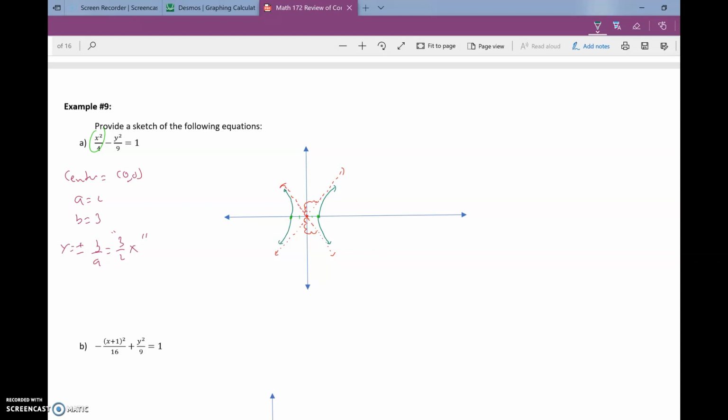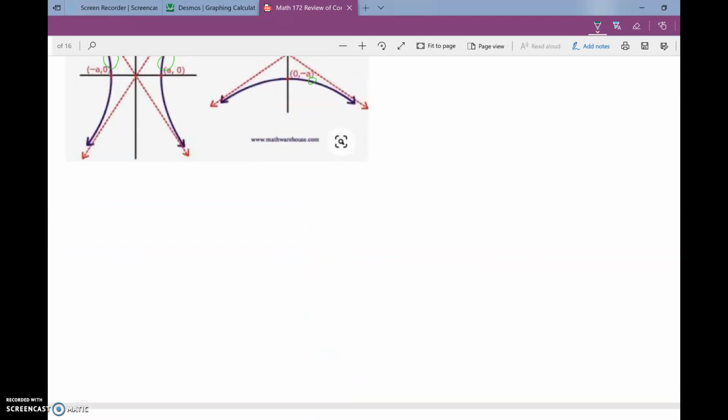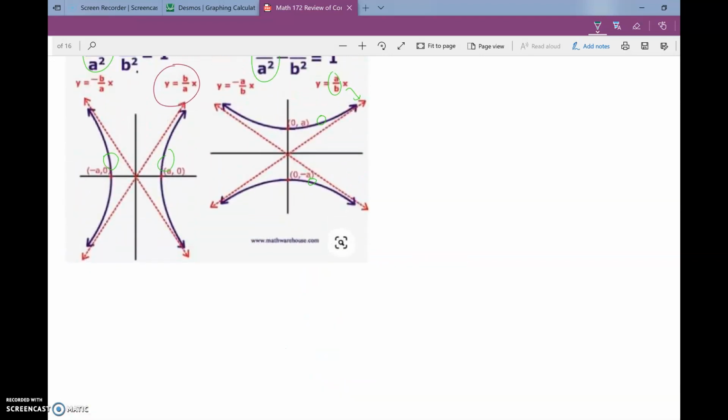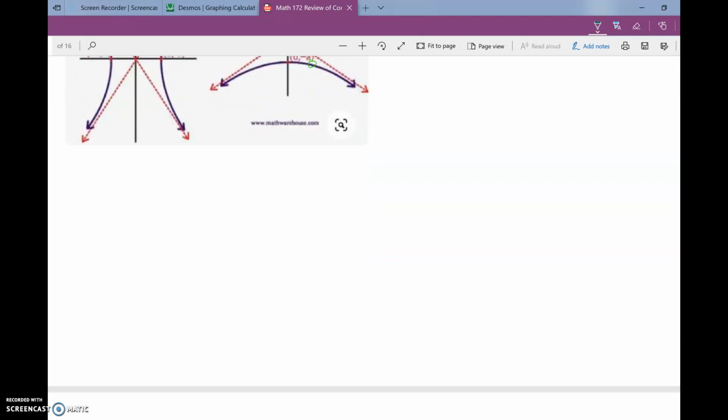And same idea as before, I just need a sketch. You're looking at a units from the center, a units to the right, a units to the left. In this case, we're matching the sketch on the left.